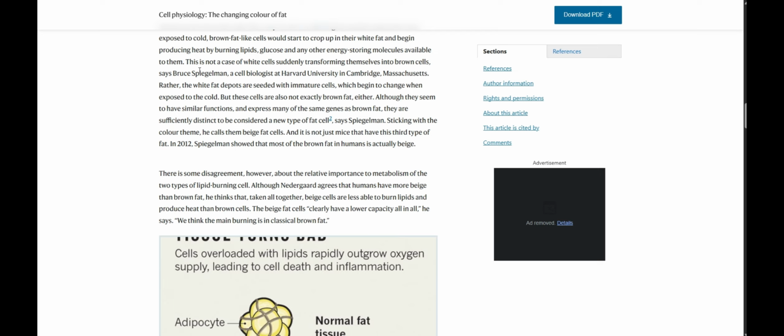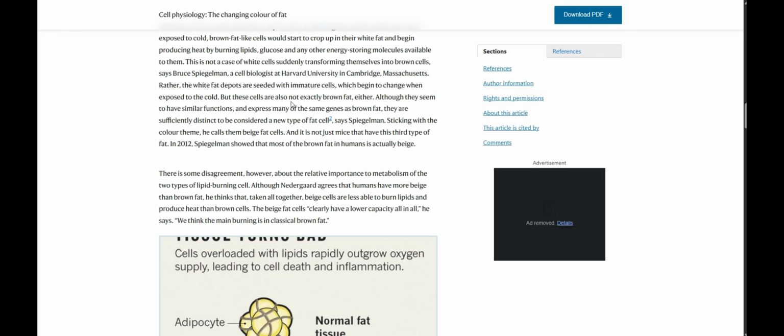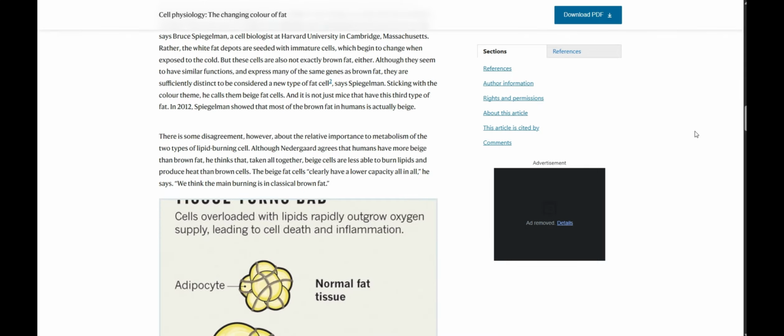Because it's saying when mice were exposed to cold, brown fat-like cells would crop up. Yeah, so these cells would then differentiate when exposed to cold versus brown fat, which are, again, like a long-term game plan. Like a hibernating animal would probably have brown fat year-round, deplete some of the reserves when hibernating, and then start immediately after hibernation, start rebuilding those reserves. So that's a long-term plan, right?